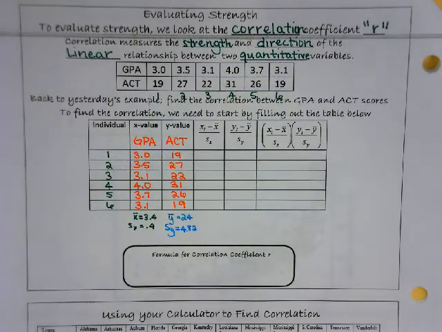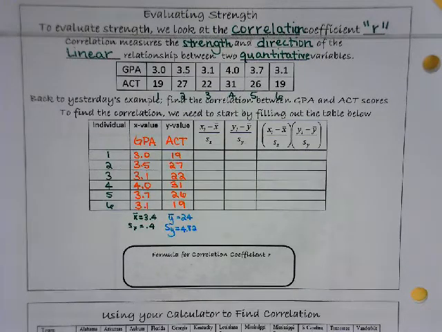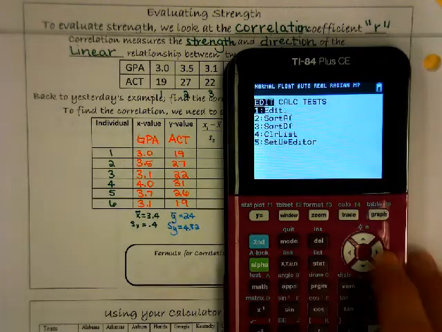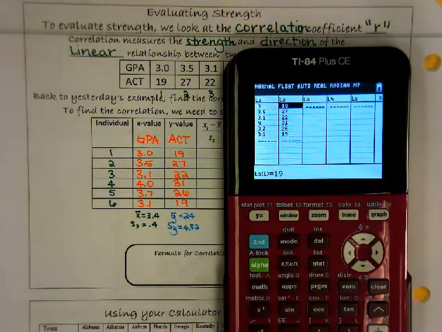Now, it's up to you how you want to find the z-scores. You want to see a cool way to do it? Go into your lists, so go stat, and edit. Anybody familiar with Excel? The calculator really is just Excel miniaturized.